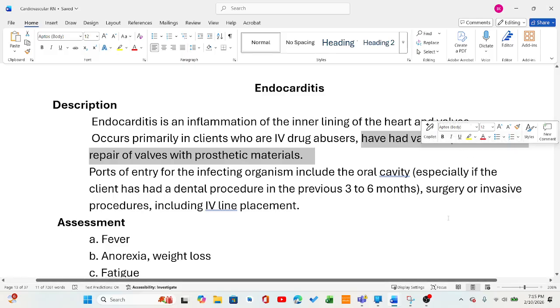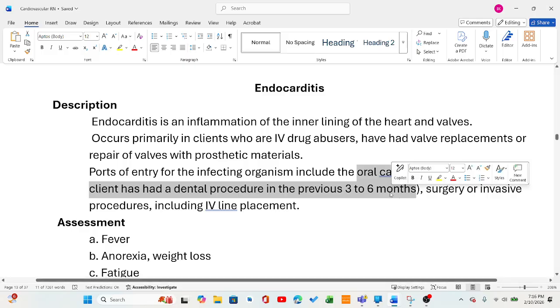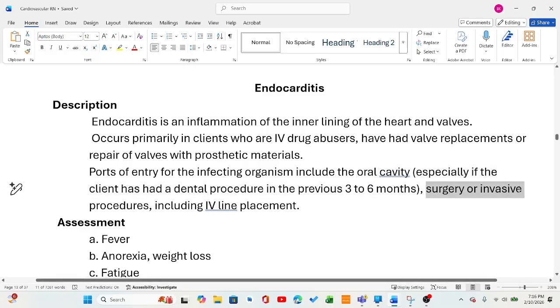The port of entry of these organisms or the infection includes the oral cavity. That's why when you go in for your surgery, you need to make sure that you let the doctor know. And then usually after the procedure, they put you on antibiotics after any dental procedure, especially when it comes to extractions. Surgery is also another one.